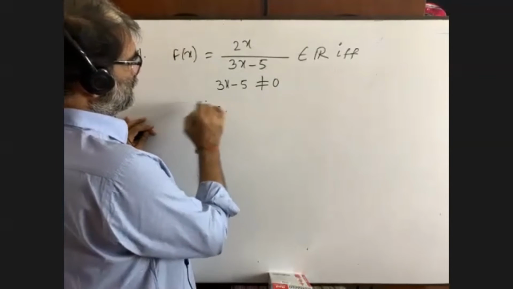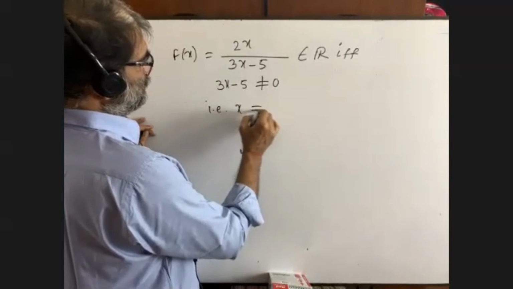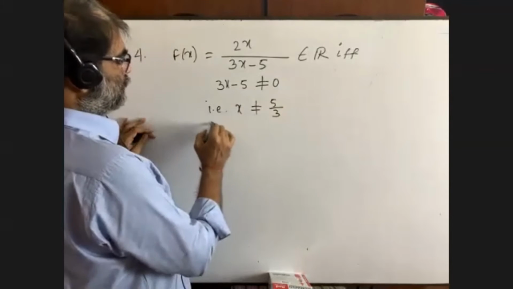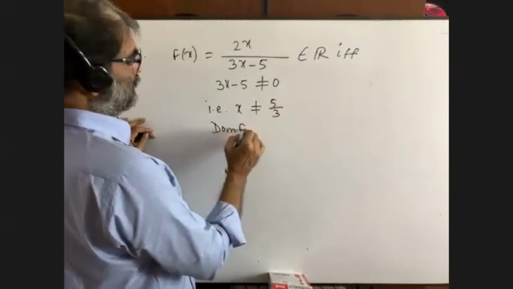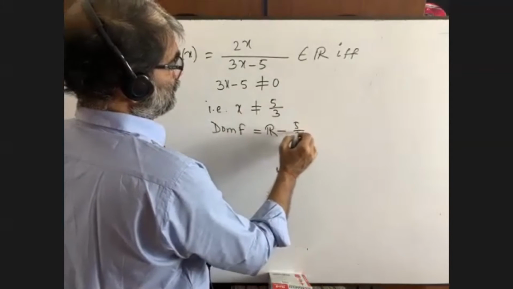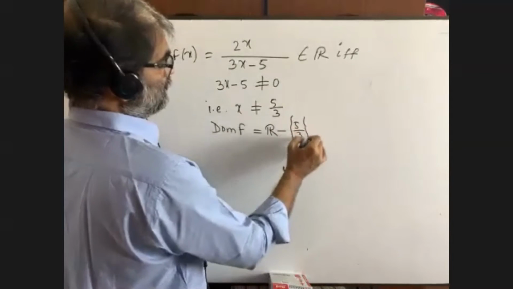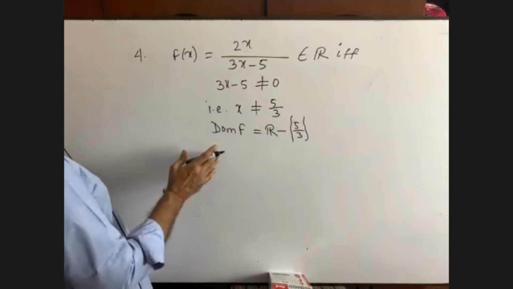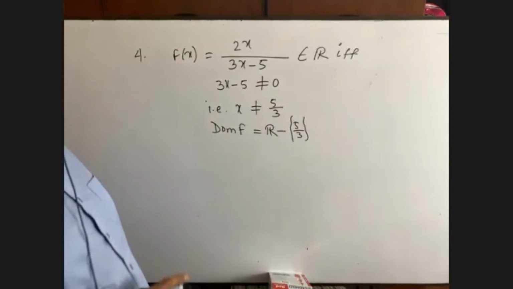That is, we are getting here x is not equal to 5 by 3. Therefore, the domain is equal to R minus 5 by 3. If you don't show this part, your 2 marks will be deducted.